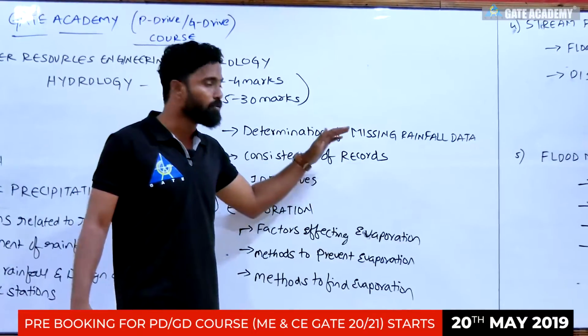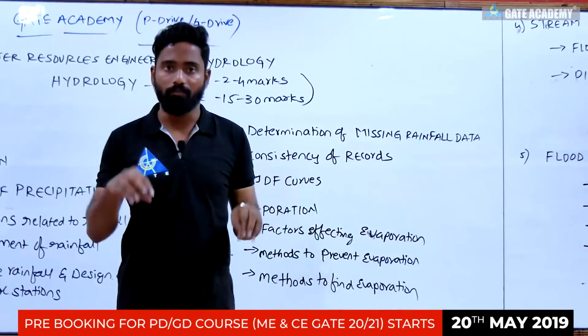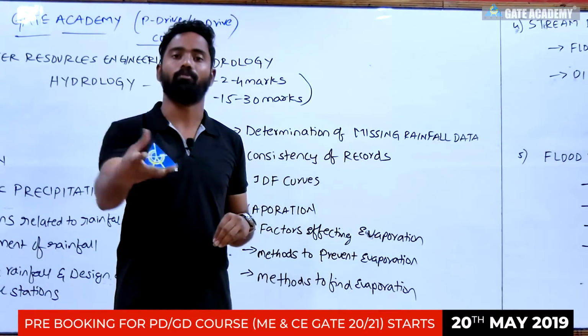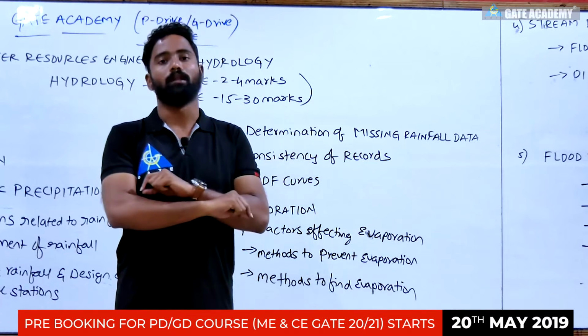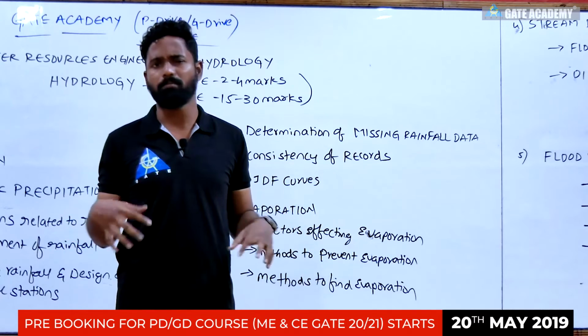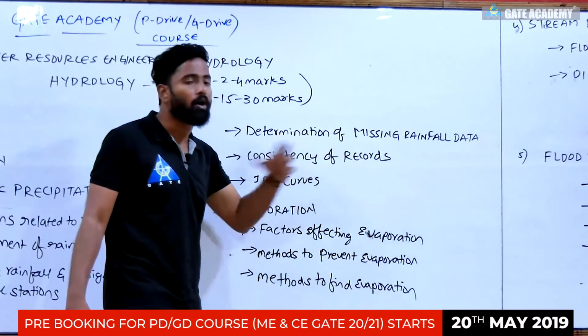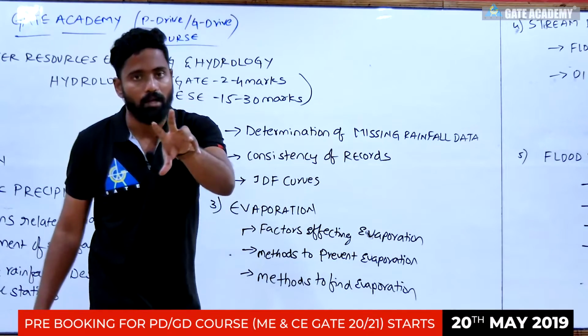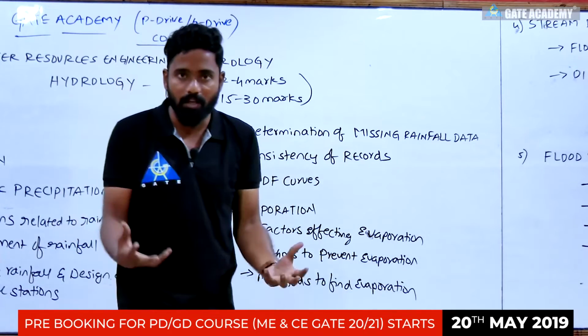Missing rainfall data means there are 10 rain gauge stations, and for 9 you have data for that year, or that day, or that time period, but one rain gauge station was not able to record it. There could be many reasons for it, but how you are going to find that point is important. So for missing rainfall data, you can go by the average value.